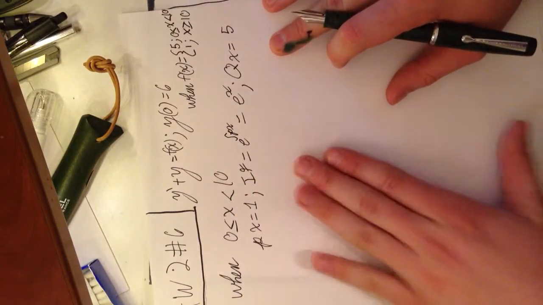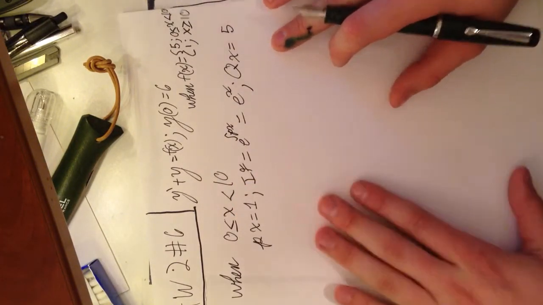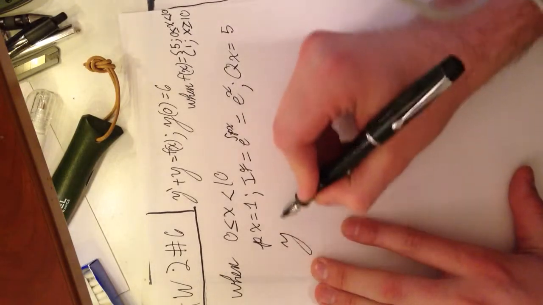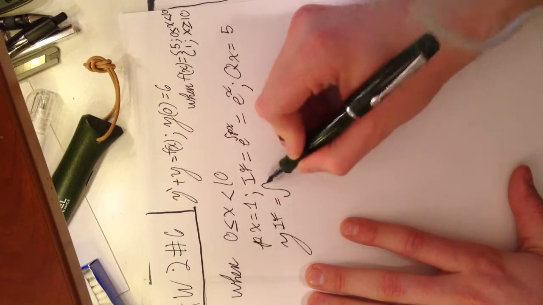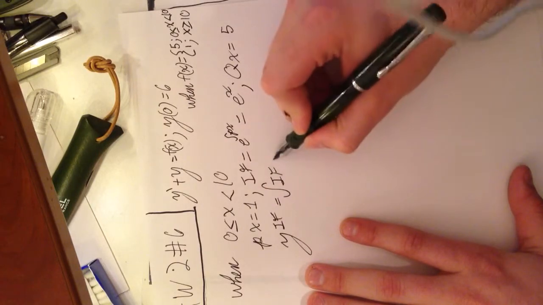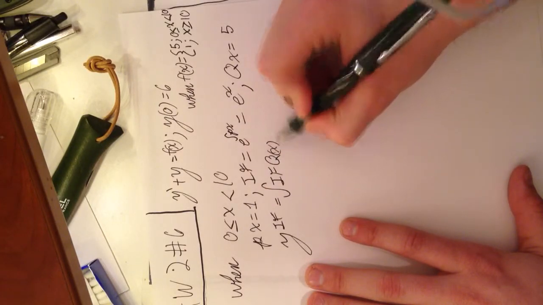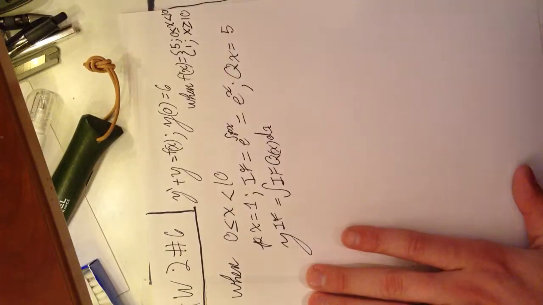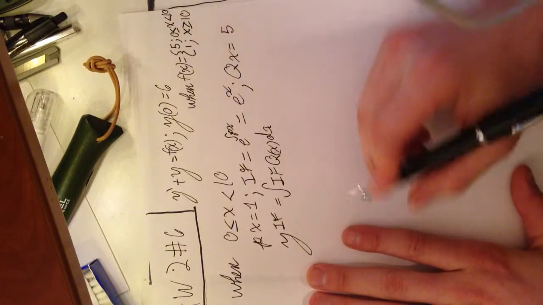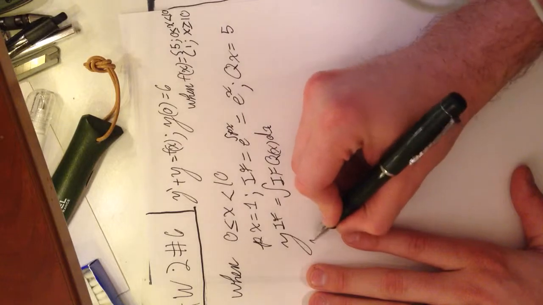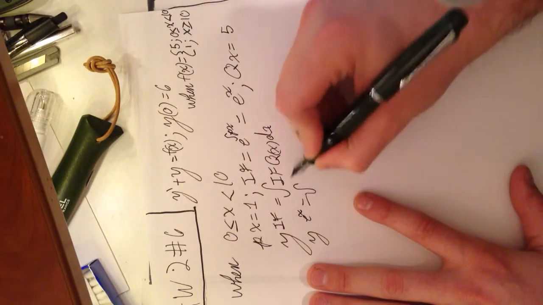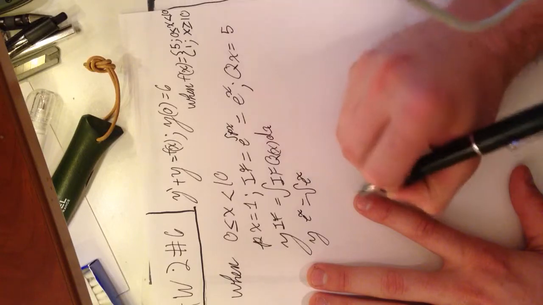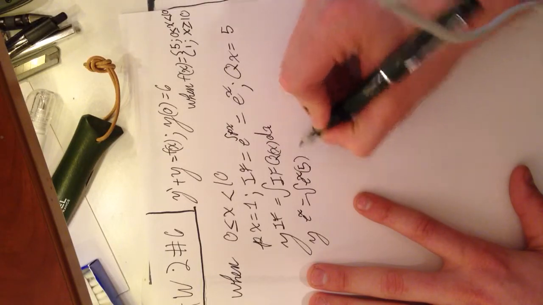Now, since we have done that, we're going to set up the problem with y times our integrating factor equal to the integral of our integrating factor times q of x dx. So we plug in our values: y times e to the x is equal to the integral of e to the x times 5 dx.